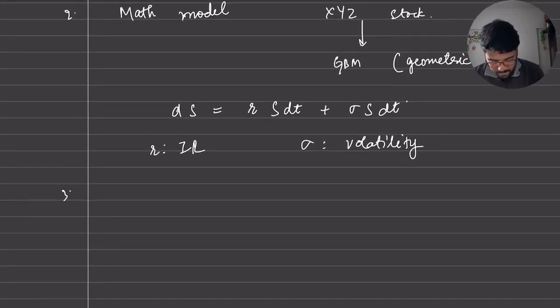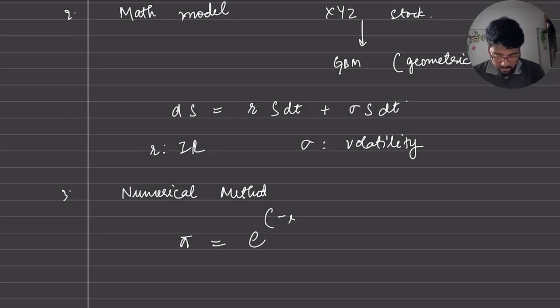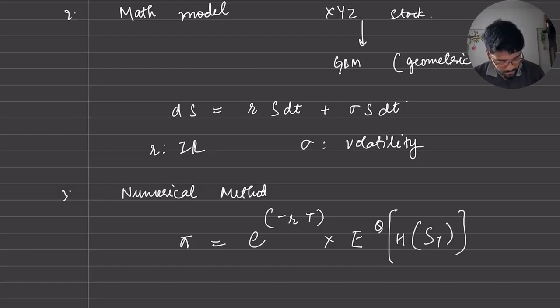And the numerical method that we are going to use is the Monte Carlo simulation, and the computation of the value at the discounted price is going to be something like this, where here again r is the interest rate.